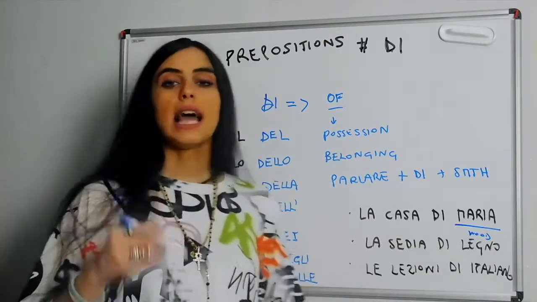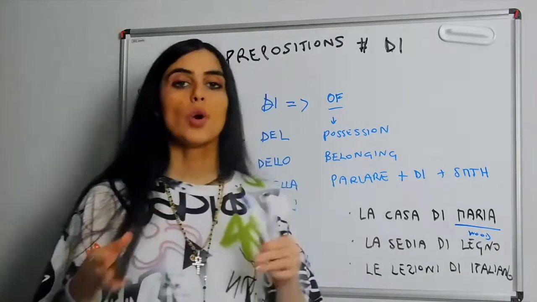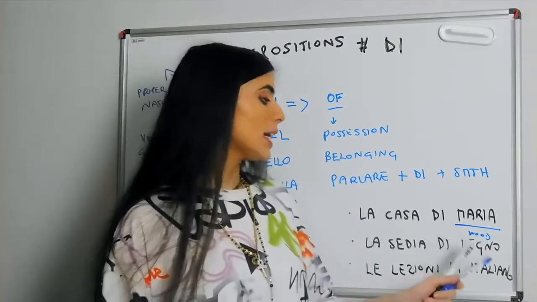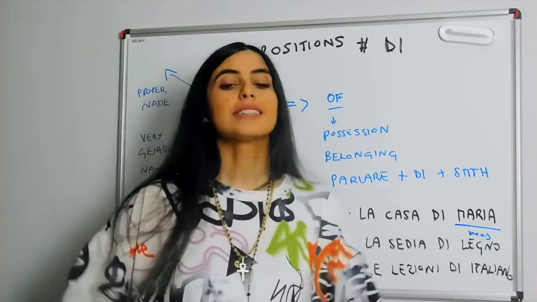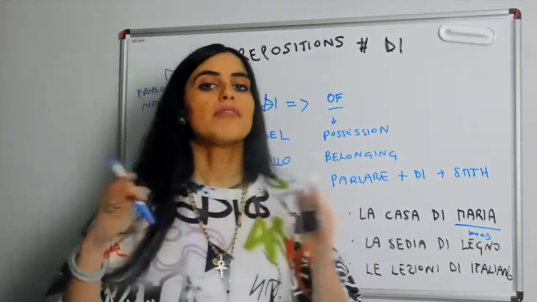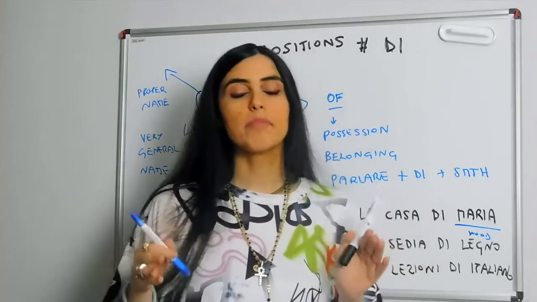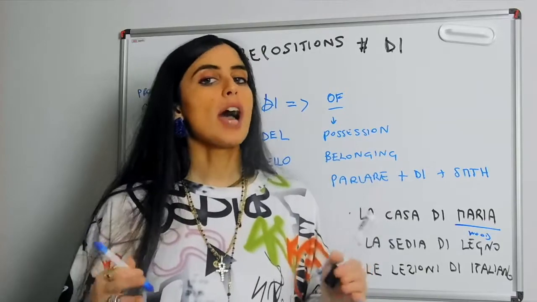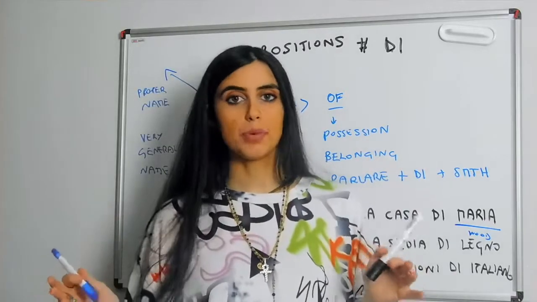Number three, le lezioni di italiano. We're not saying della grammatica italiana, but we say di italiano, alright? Because italiano, again, is a little bit vague because italiano could mean many different things. It's a whole language, but it's not so specific, let's put it this way.